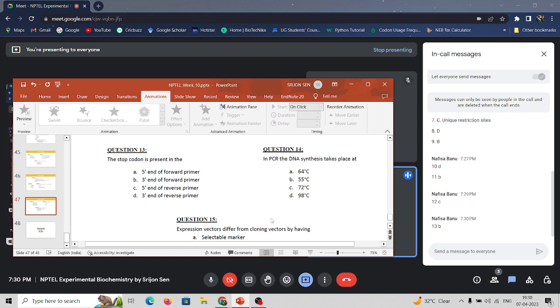Okay, if it is present in the 3' end of the forward primer, will your primer be able to anneal or extend?